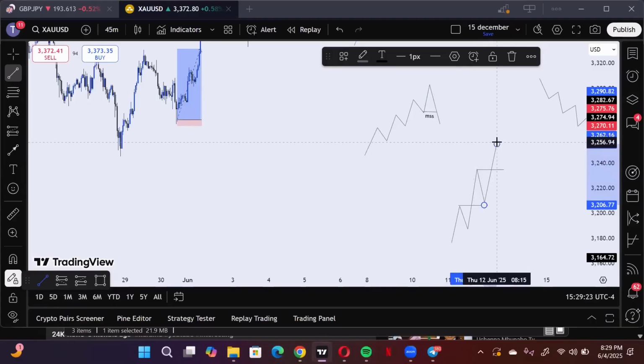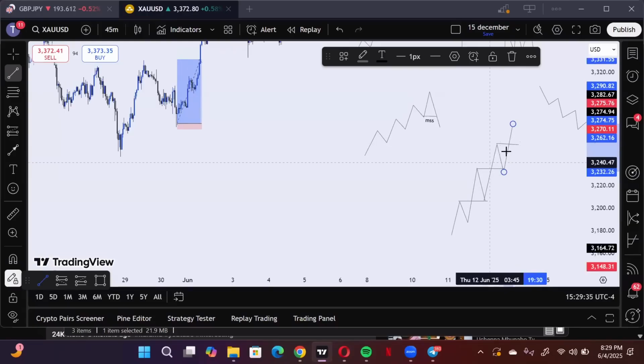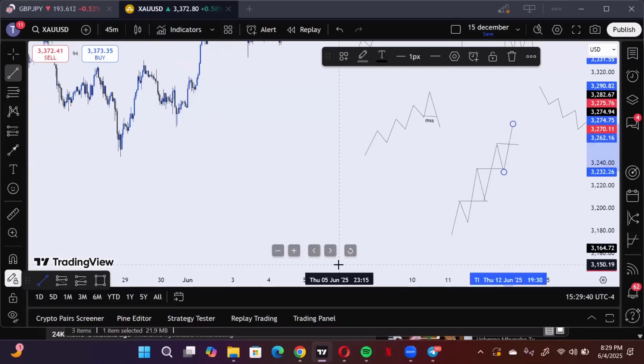The market will now pull back again and make a new higher low. Then this last high becomes a key level. Once price goes up and takes that high out, that's what you call a break of structure. So in break of structure, the market will maintain its current trend, but it will keep breaking key levels.